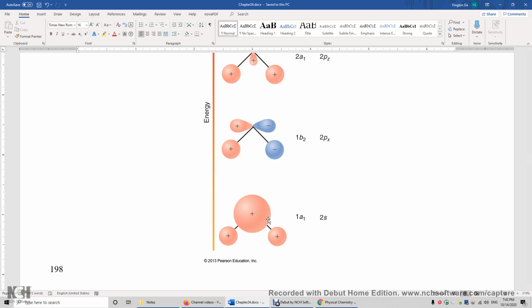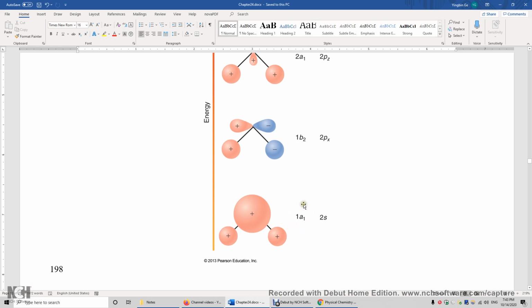B means anti-symmetric after the rotation. This 1 in the subscript means this MO is symmetric with respect to the symmetry plane that's perpendicular to the water molecule. And 2 means anti-symmetric with respect to the reflection.